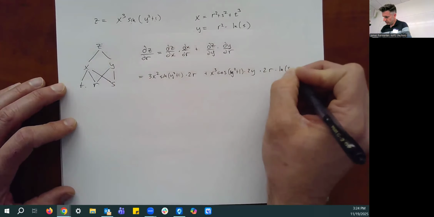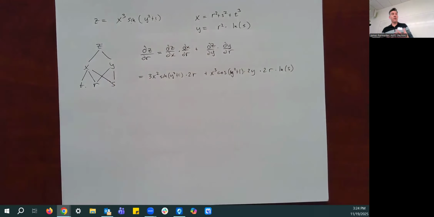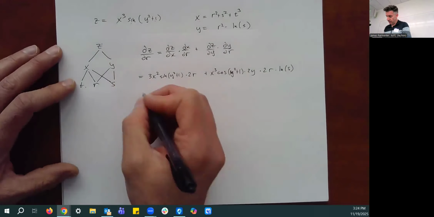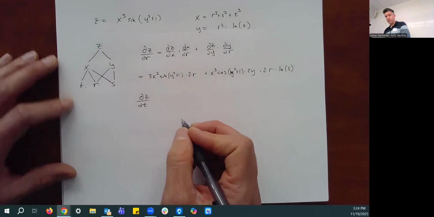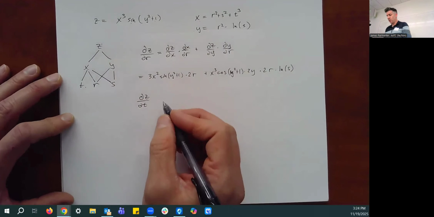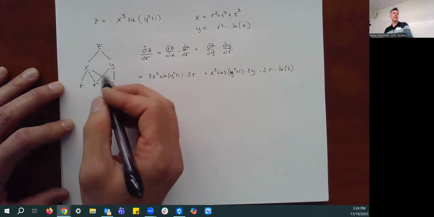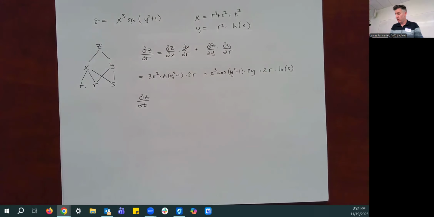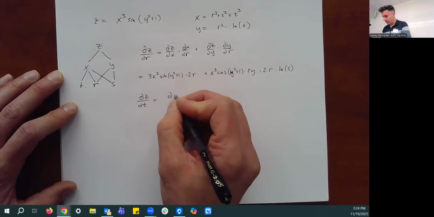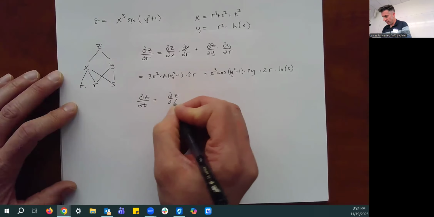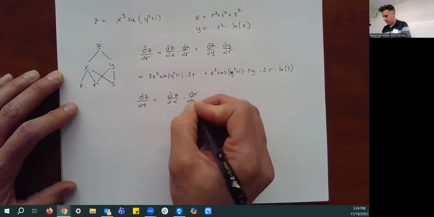On the other hand, if we ask to find del z del t, you can still imagine that y depends on t, there just aren't any t's in there. So when I write out my mapping, my only real pathway is del z del x times del x del t.